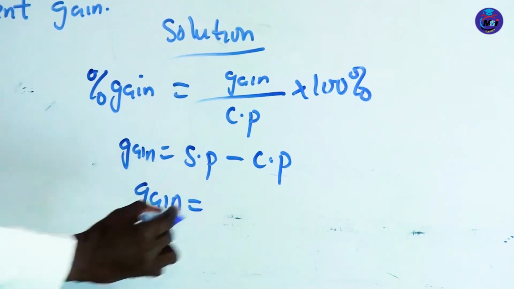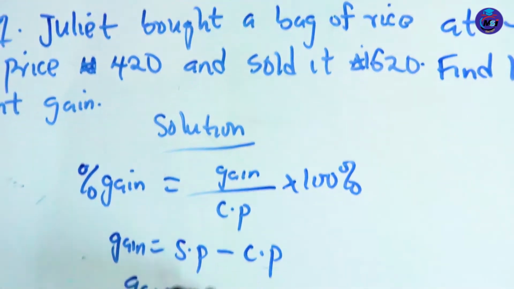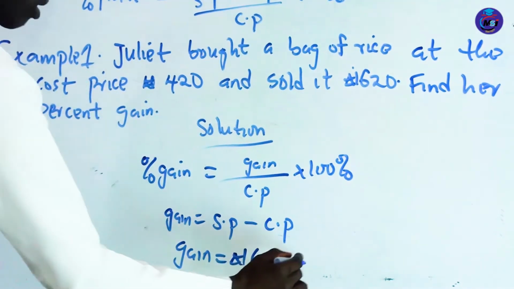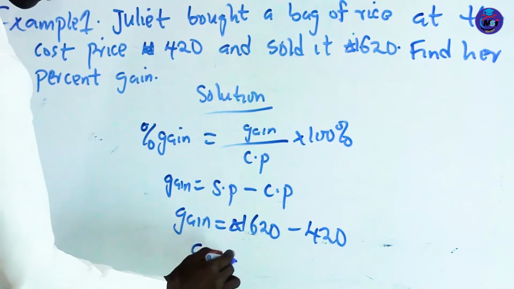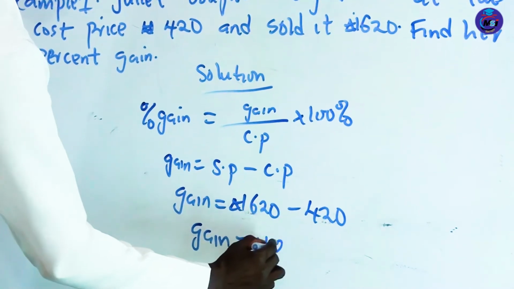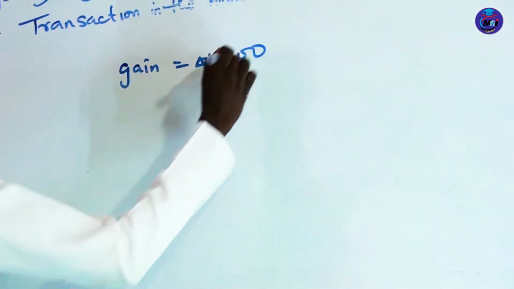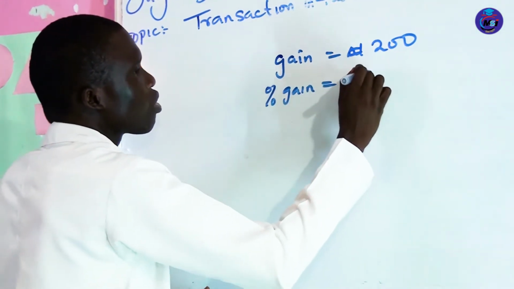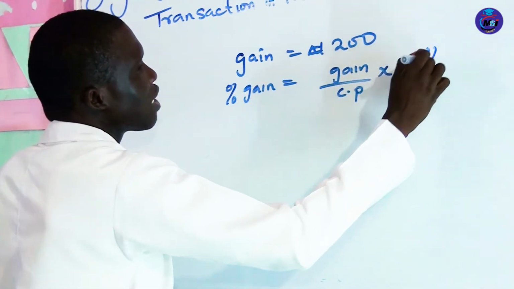Gain equals to, from the question, our selling price is 620 naira, and our cost price is 420. Okay, so gain will give us 200 naira. So gain is 200 naira. Remember our formula again. Percentage gain equals gain all over cost price multiplied by 100%.